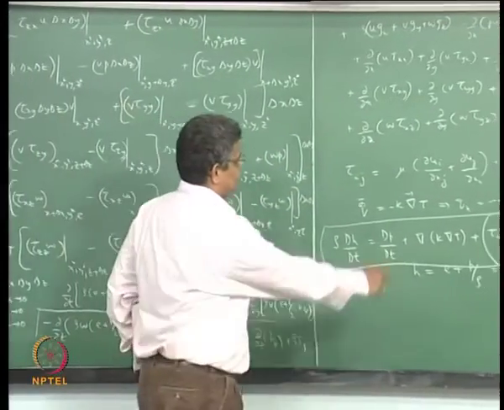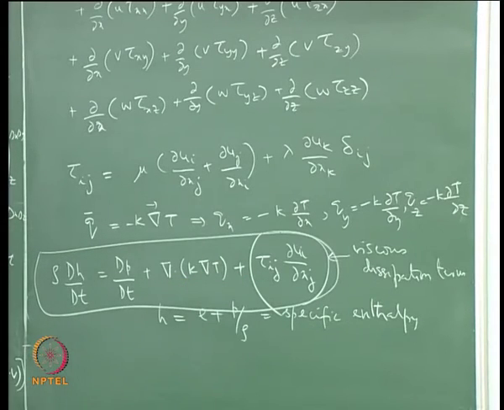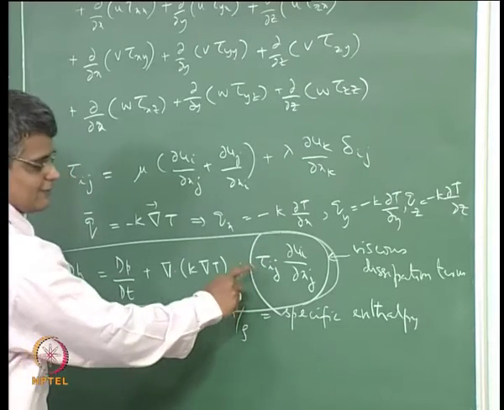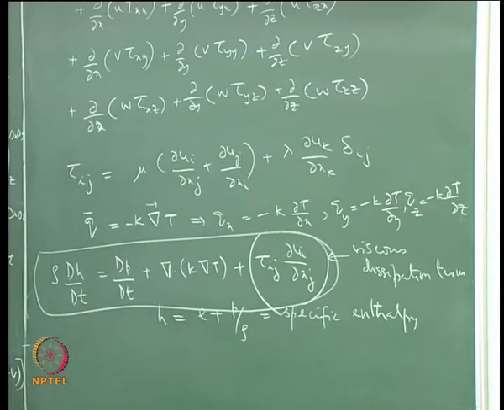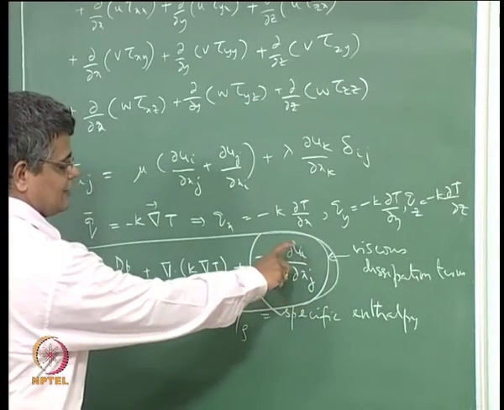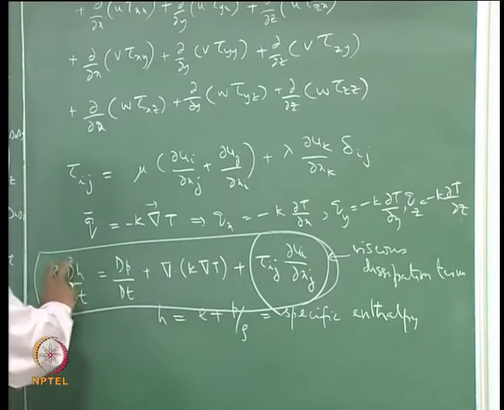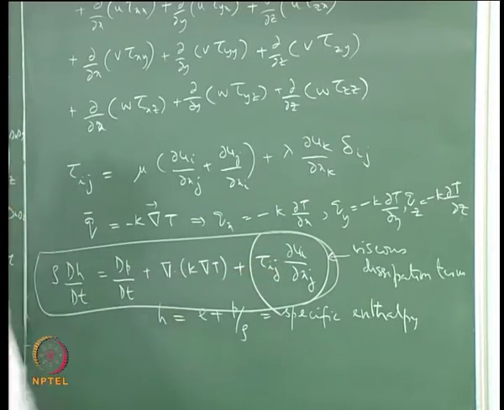We can show that this is a positive quantity, and it comes with a negative sign, so that this is a source term. So the viscous dissipation is a positive quantity, so that if the flow is taking place, the viscous stress will actually increase the temperature.